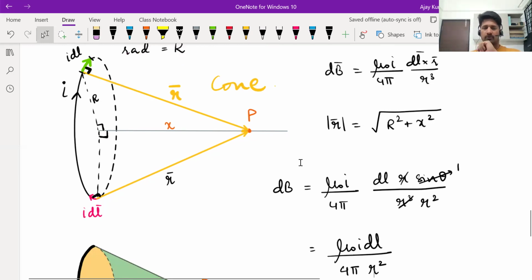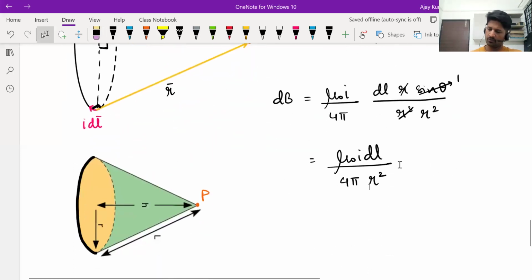Now we got the field produced by one element, but that is not what we are looking for. We want the field produced by the entire circle of current at that point P. How to do that? We'll have to integrate fields produced by small elements, and you'll get the net field.